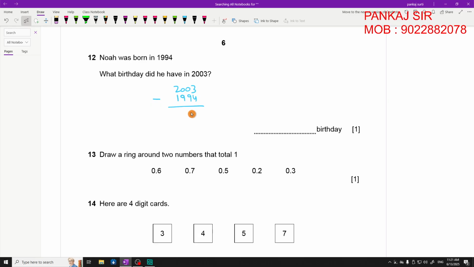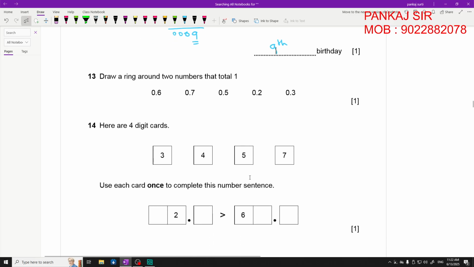So 2003 minus 1994, so 13 minus 4 is 9, I suppose, right? Counting 13 minus 4: 5, 6, 7, 8, 9, 10, 11, 12, 13. Yes, it's 9. And this will be 9 minus 9, 0. This will be 0. So it is just 9 years. So it will be the ninth birthday. So if you want to calculate the birthday, you have to do it this way.